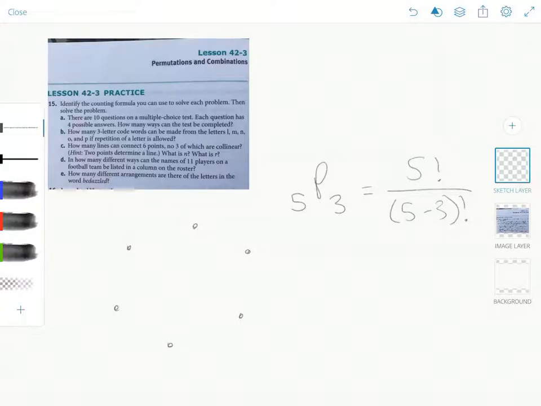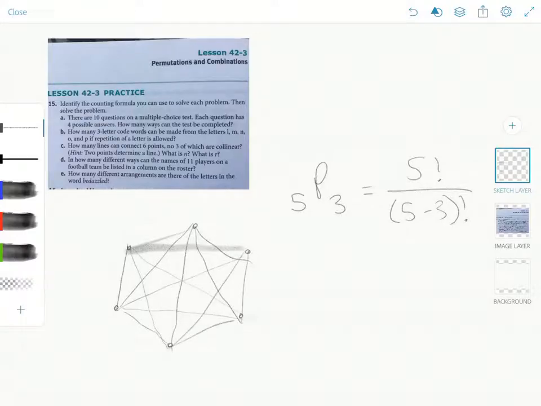And how many different ways can I connect those dots? 1, 2, 3, 4, 5. 1, 2, 3, 4. 1, 2, 3. 1, 2, and 1.